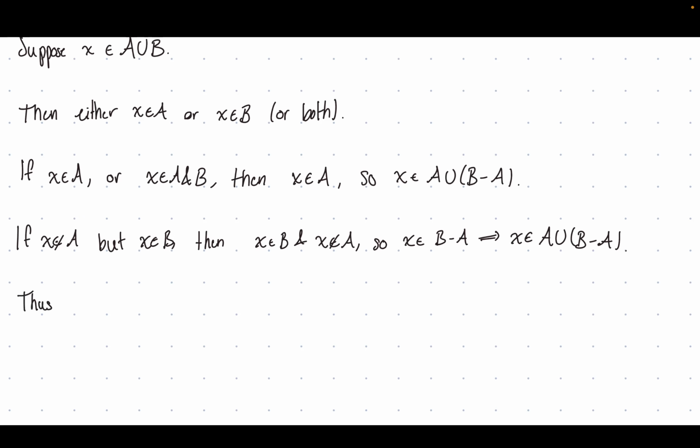Thus, A union B is a subset of A union B minus A.